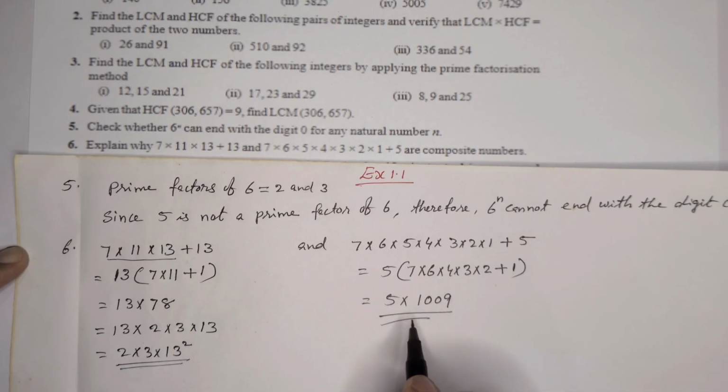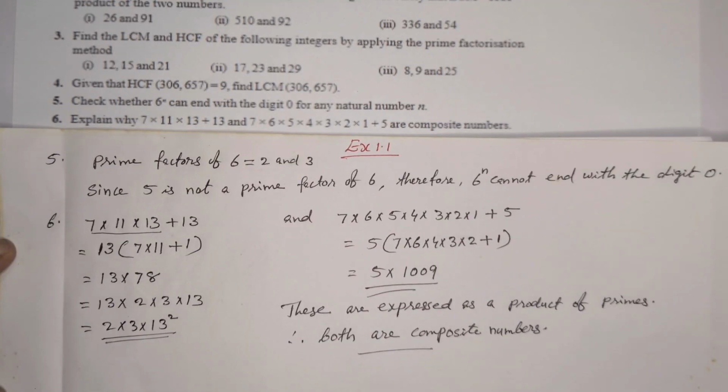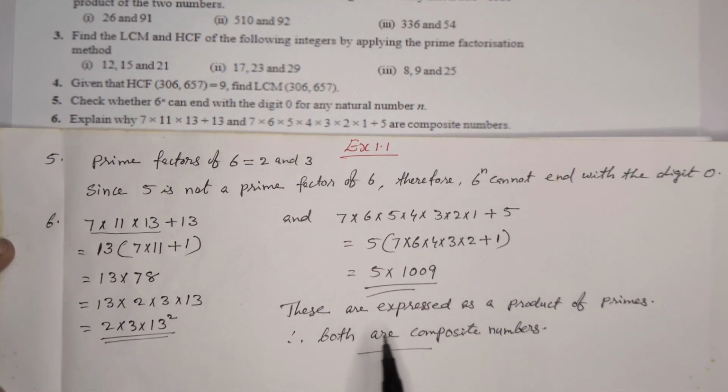So product of two numbers. Therefore we can say that both the numbers are composite. Here we expressed both the given numbers as a product of prime factors. Therefore these numbers both are composite numbers.